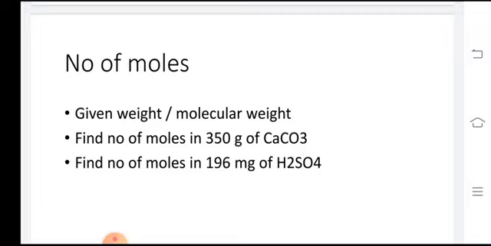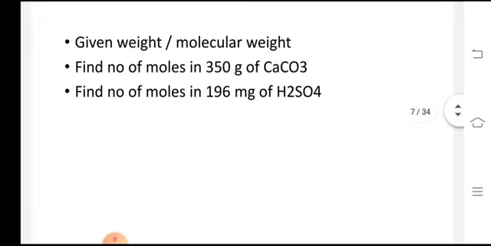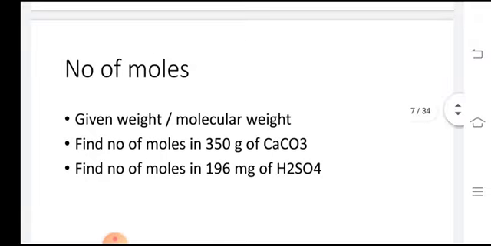So it will be divided by 98. So 196 multiplied by 10 to the power minus 3 divided by 98 will give us the number of moles in 196 milligrams of H2SO4. So this is something about the number of moles.